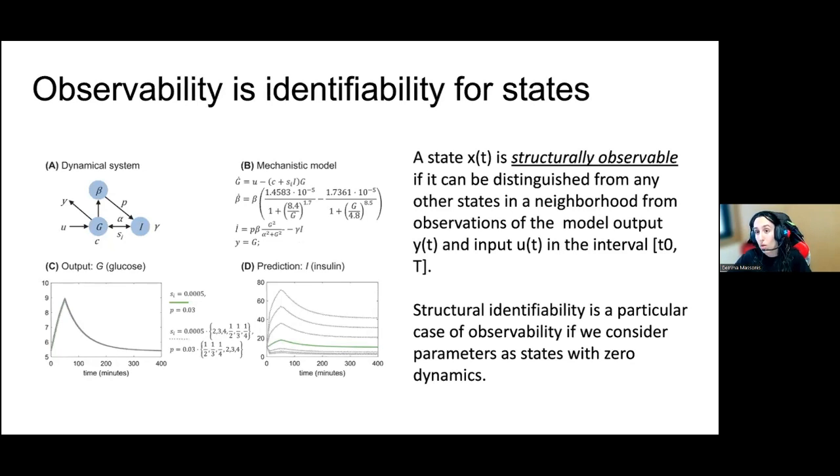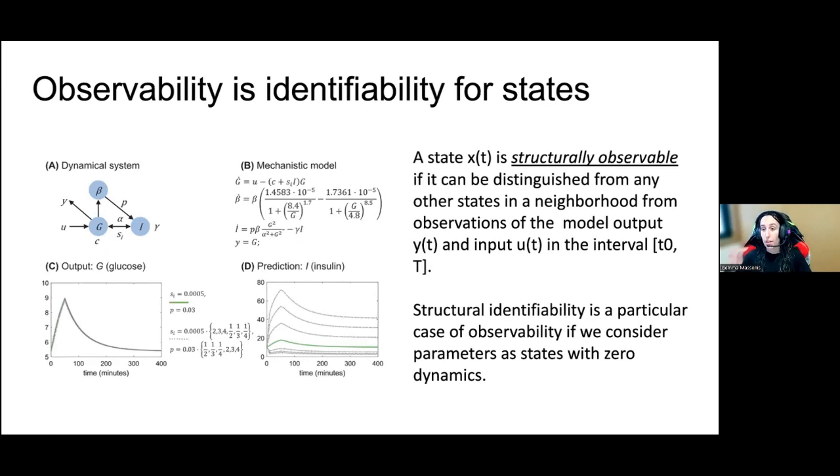How can we know that our model is not observable? Because for different combinations of parameters Fi and P, we get different predictions for our state of the insulin levels. So this is a manifestation of structural unobservability.